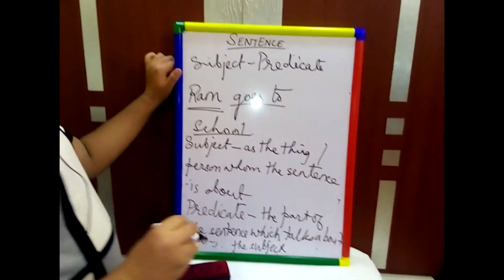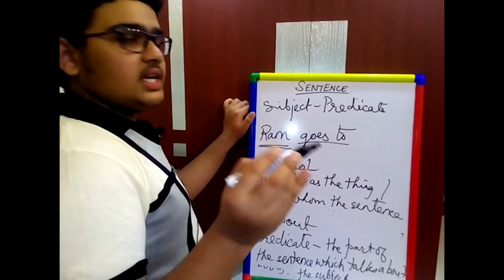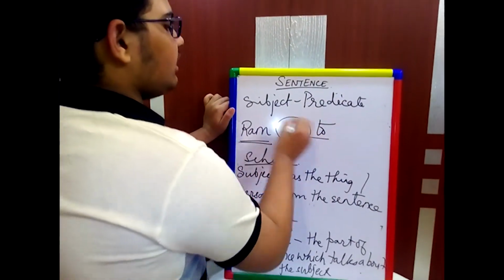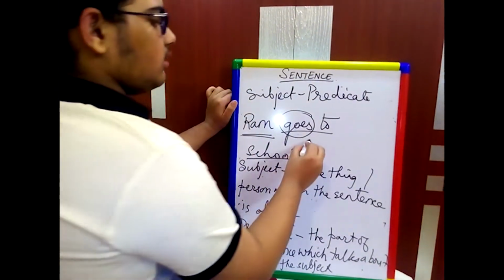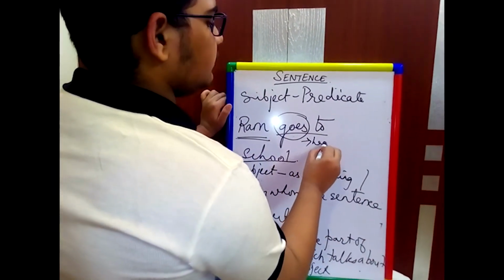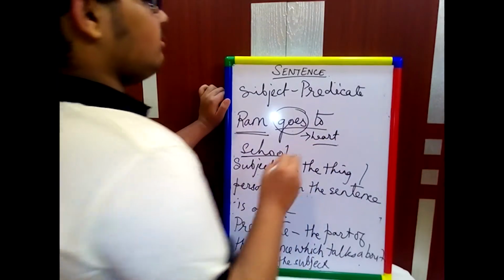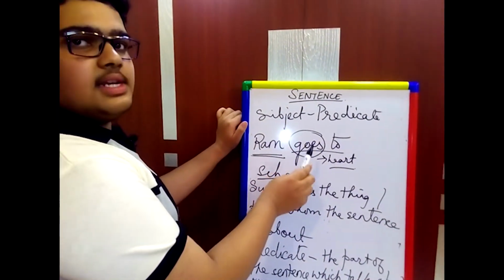One important feature of the predicate is that the predicate must have a verb. Now the verb is also known as the heart of the sentence. Why? Because without the verb, a sentence is always incomplete.